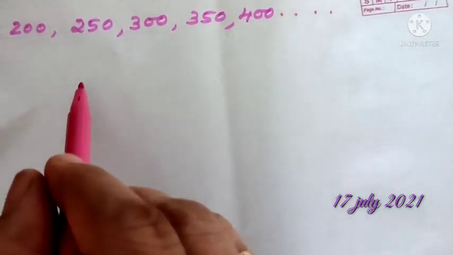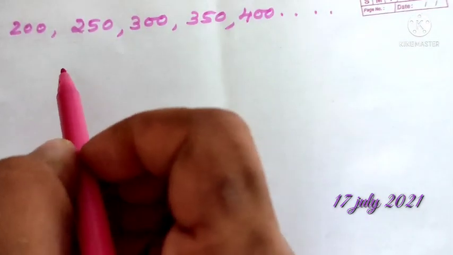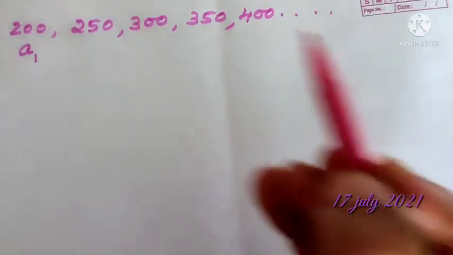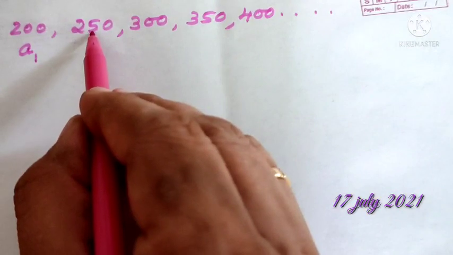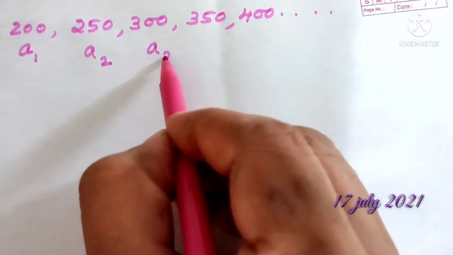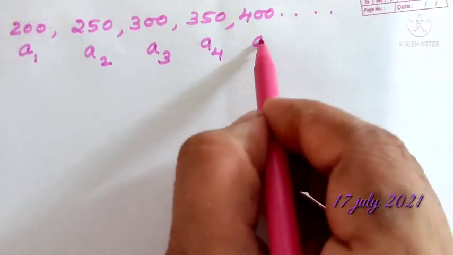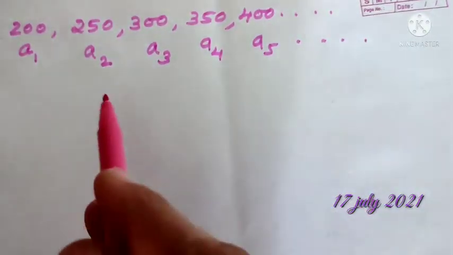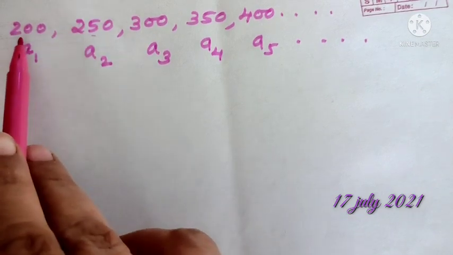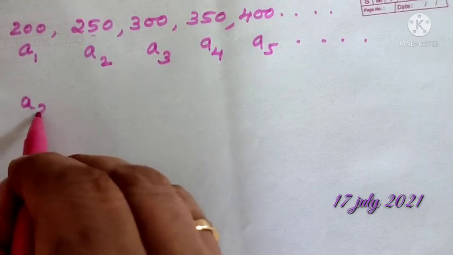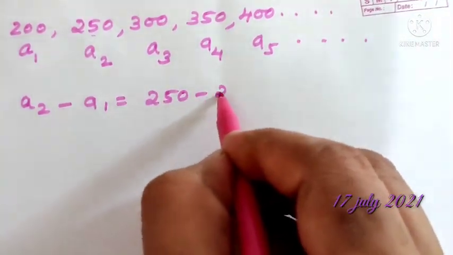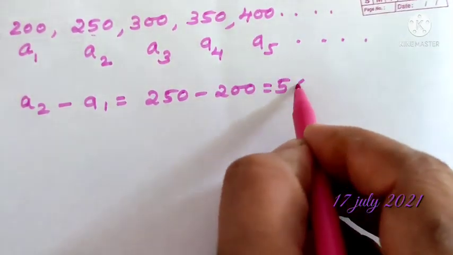The first term is usually denoted by the letter a1, right? Then 250 is a2, the second term, then the third term, fourth term, like that. Now we are calculating the difference between consecutive terms. a2 minus a1 equals 250 minus 200 equals 50.